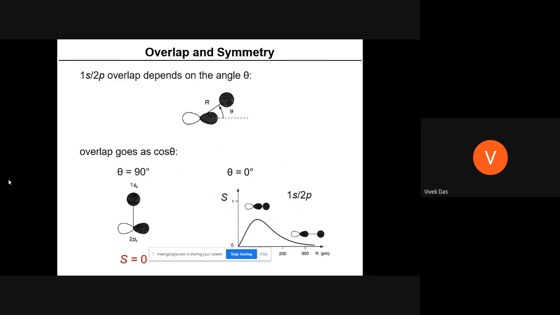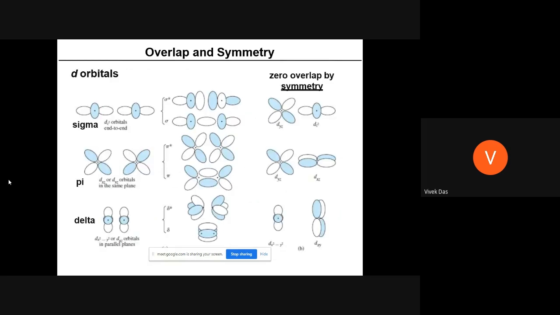In the second case, when the angle is zero, the extent of overlap increases. When the distance is less, the overlap increases as well, and as you keep increasing the distance, the overlap decreases. This is what I wanted to say.